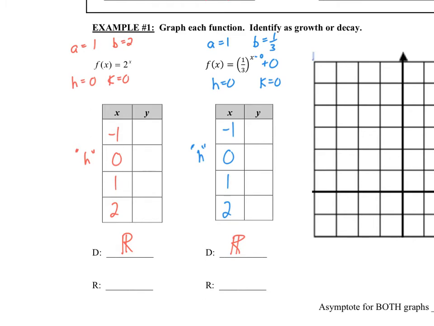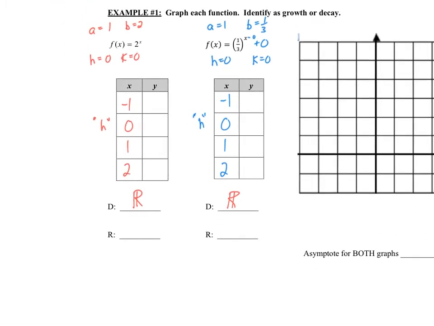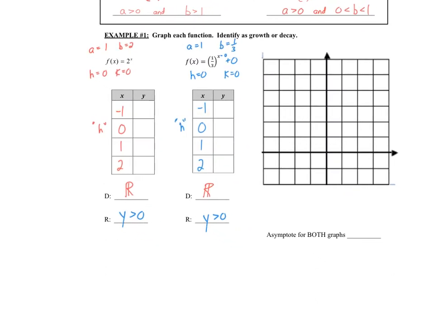The range for both of these is going to be y is greater than 0. And before we graph them, we'll talk about the asymptote. Since each of these has a k value of 0, that means for both of these, the asymptote is y equals 0.